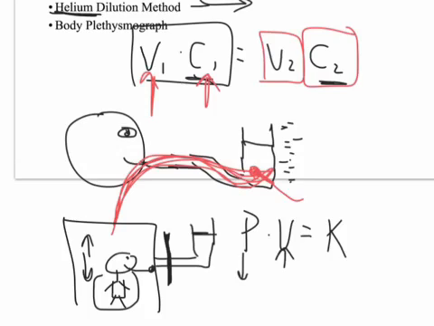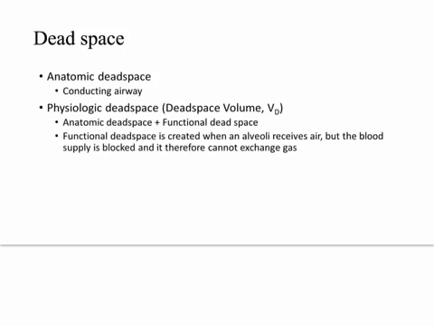Now, another thought whenever you're talking about the volume in the lungs is there's a certain amount of volume in your lungs that is used to exchange air, and there's a certain amount of volume in your lungs that doesn't exchange any gases. So if this is your bronchioles, and then you have an alveoli right here, the gas that goes into the alveoli can exchange with gas in your blood.